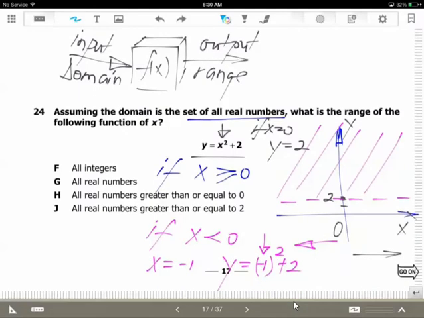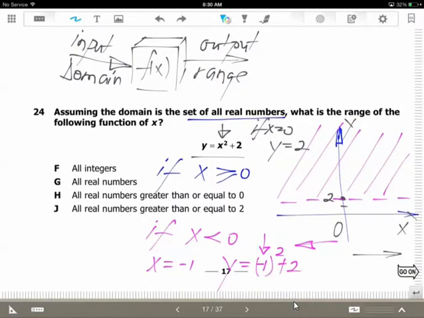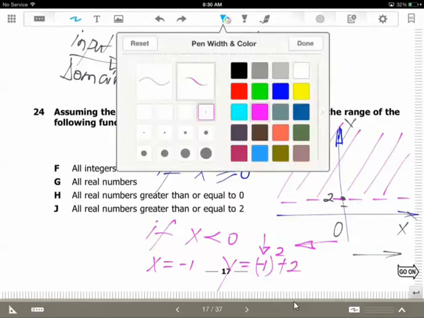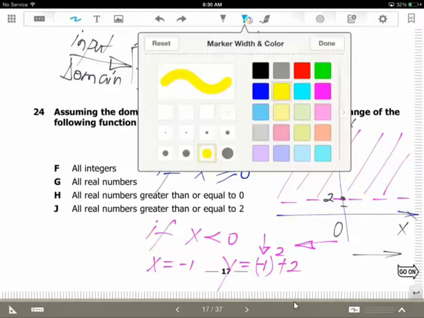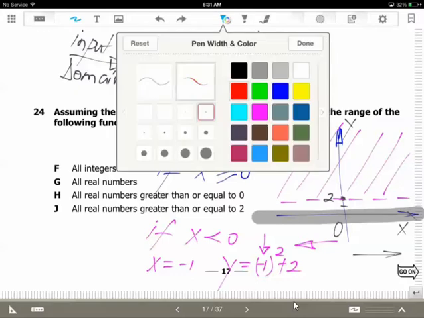And now this should answer my question. If you assume that the domain is the set of all real numbers, so like I said, my x could be anything, any number on the x-axis, the minimum value that my y can have, as you notice in here, will be 2.